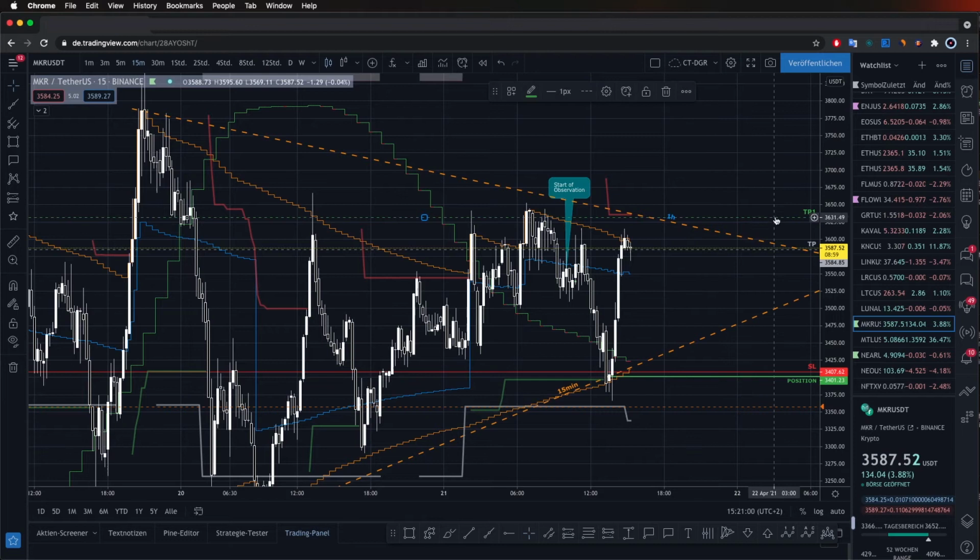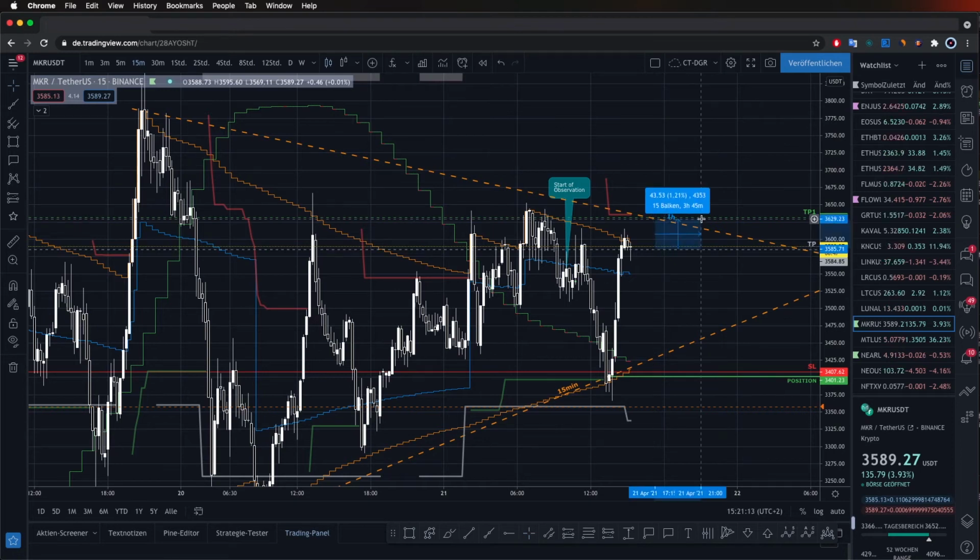You know, I'm conservative. I'm completely okay just to have small steps. Because look, from here, I took profits here to here is 13% with a leverage of 10, and 13% is something.